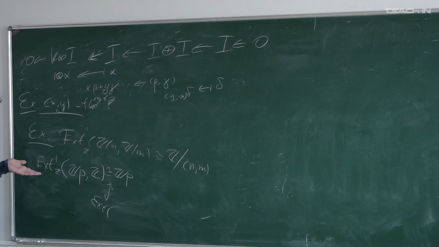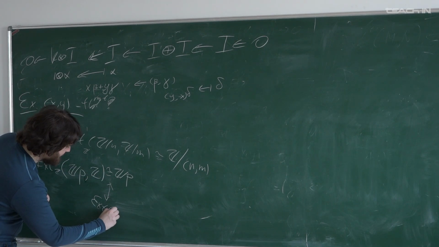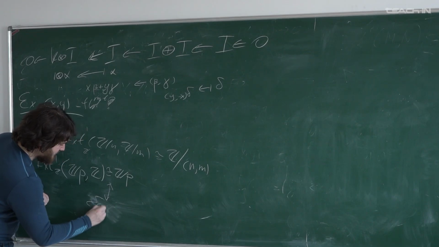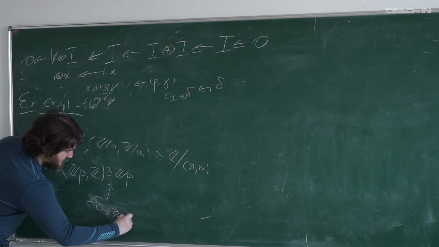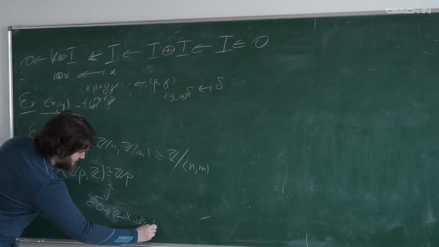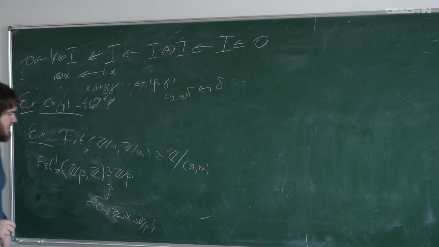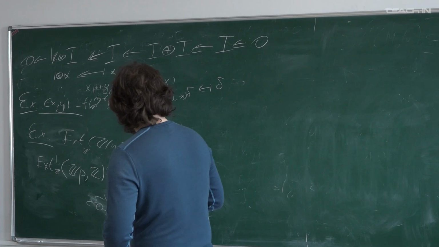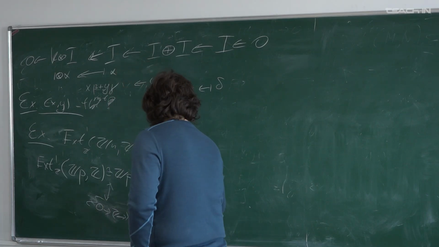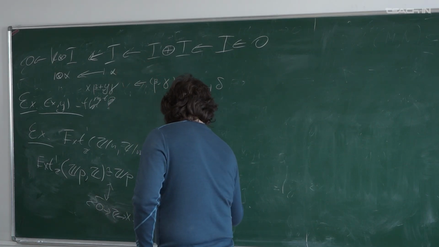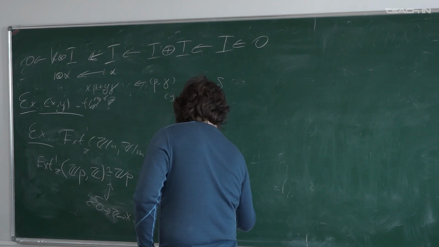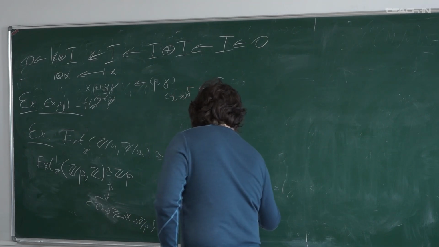Write down P extensions. Extensions of the form from Z to something to Z modulo P. It's one question. It's the easiest one. The second one is Ext from Z modulo P to Z modulo P. It's also Z modulo P.